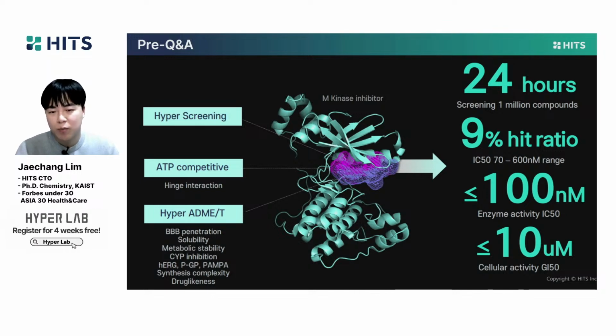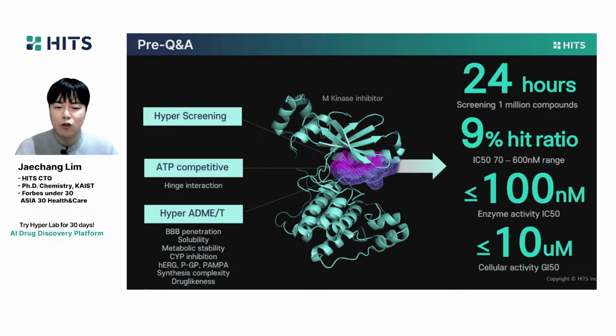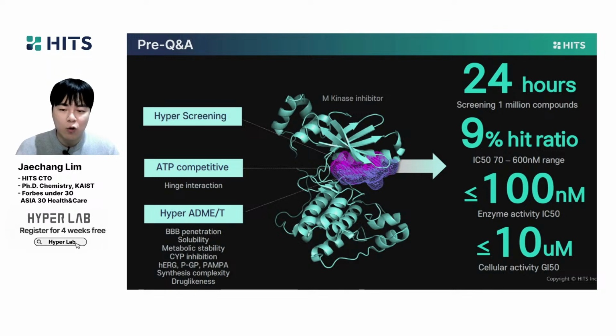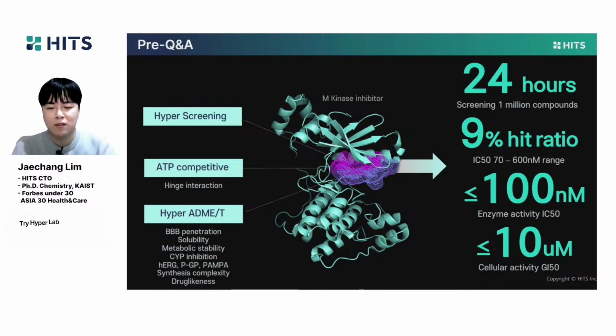Then when we experimented with this, 9 came out as hits. The hit ratio is 9% based on IC50 criteria. Some were below 10 nanomolar, and some show cellular activity below 10 micromolar. While the hit criteria may vary, I think this shows quite good performance. Of course, it should be noted that it varies depending on the method and target.